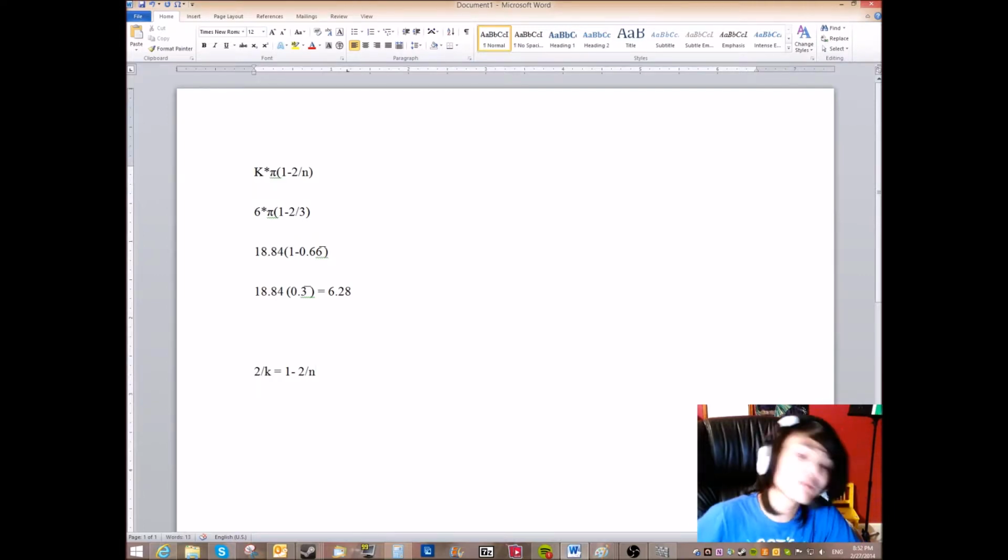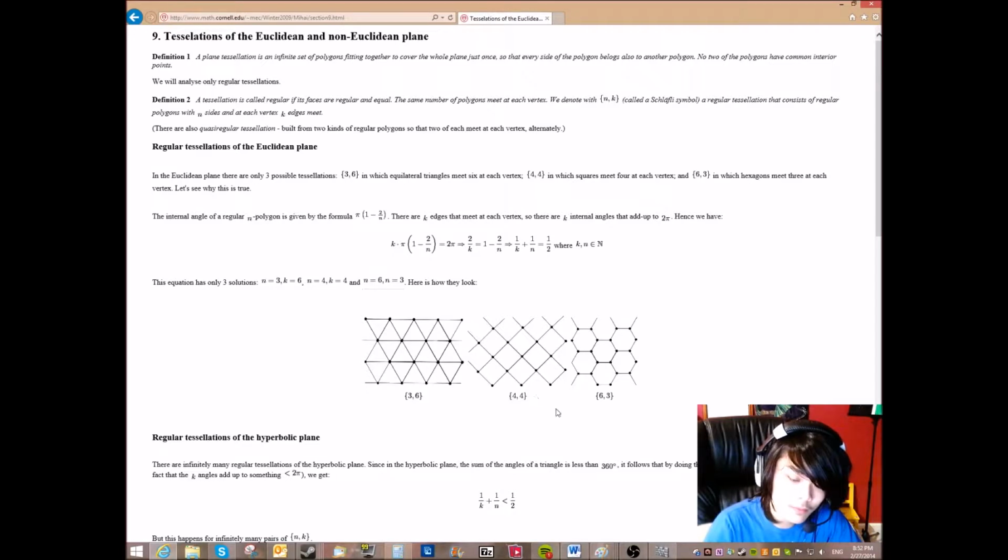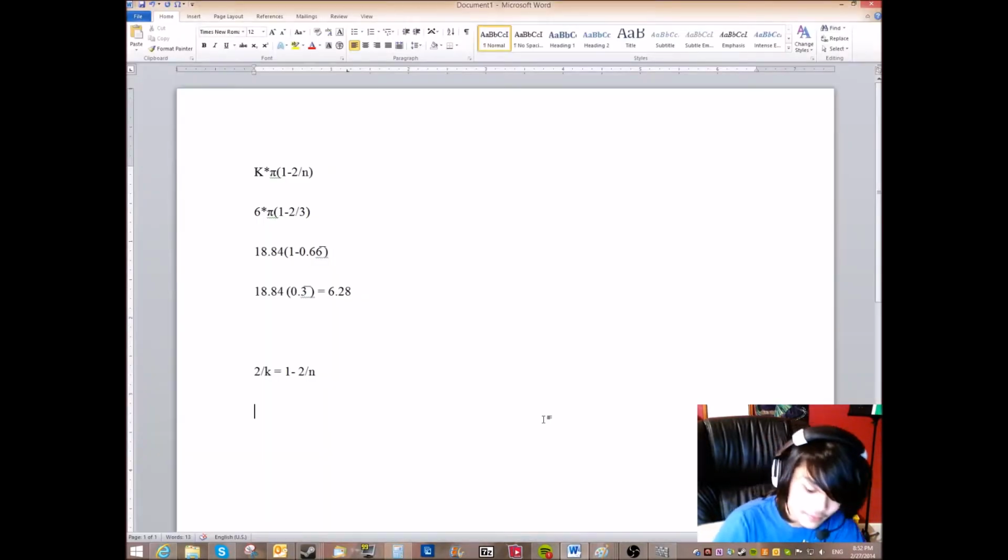And we can plug in the variables that we had before, but instead of 3, 6, we'll use 4, 4 for all intents and purposes. So 4 being n and 2 being k, we can deduce 2 over 4 equals 1 minus 2 over 4.